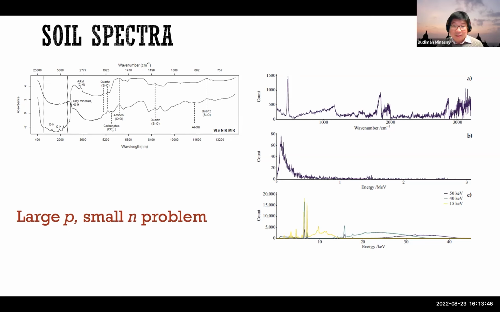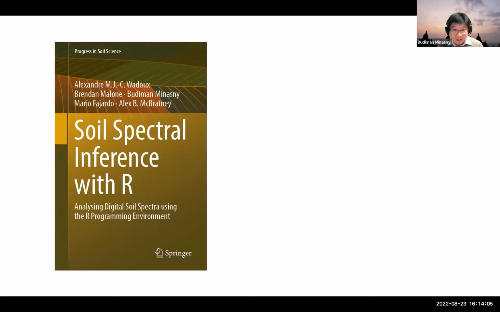The X variables, or explanatory variables, can be 1,000 to 3,000, but your data points may be only 100 or 200 or maybe 500. So it's a large P, small n problem, which we describe in this book.